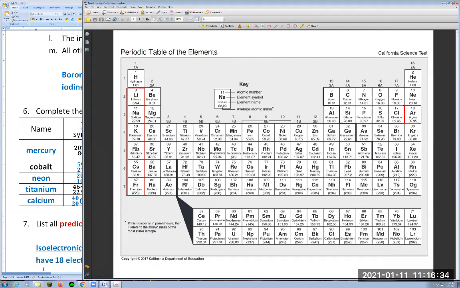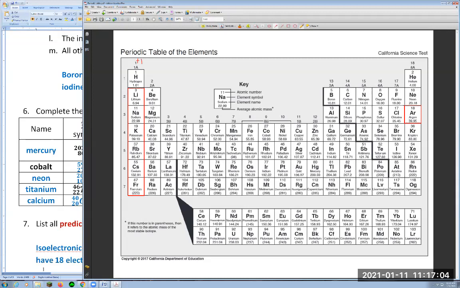You will learn more about it in chapter 11. Alkali metals have one valence electron, and they like to lose that one valence electron and be like the previous noble gas. So there will always be +1 ions.